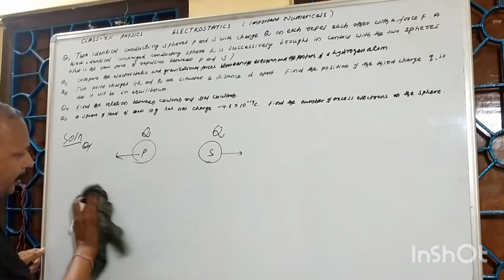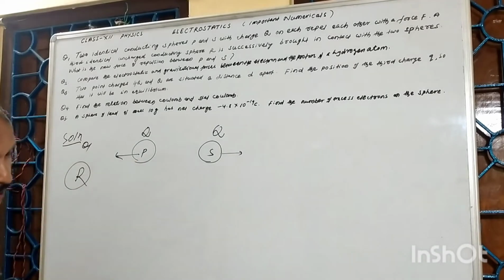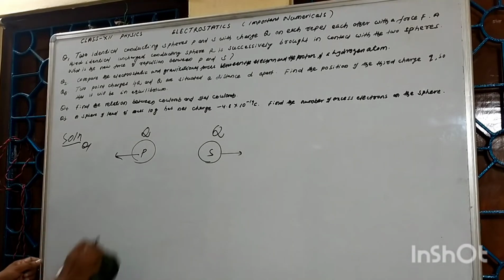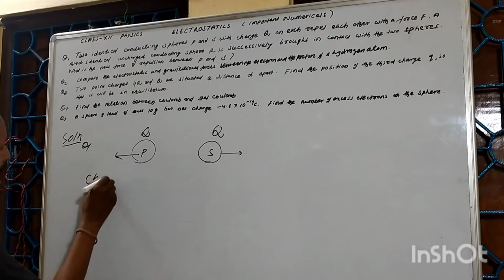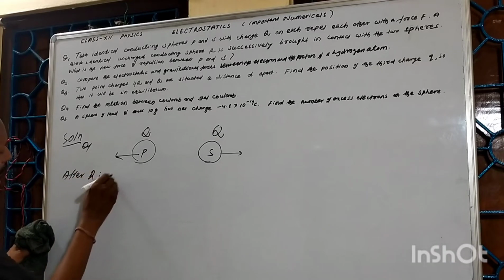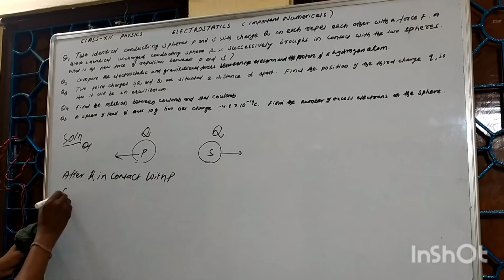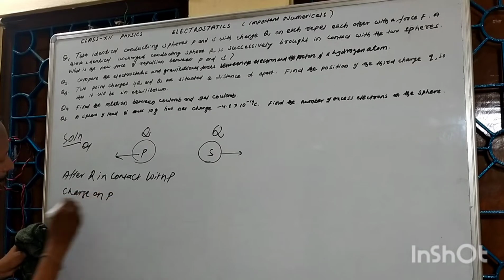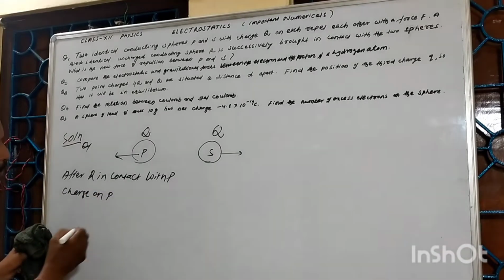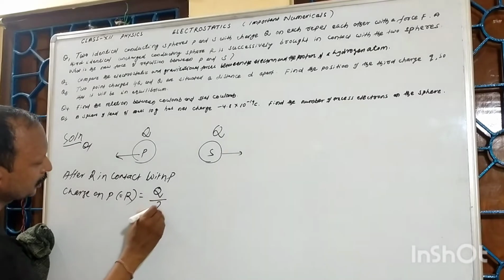Now listen carefully. When the sphere R is brought in contact with P, the charge on P will be distributed equally between R and P. So after R is in contact with P, the charge on P, which is also equal to that on R, will be equal to Q upon 2.